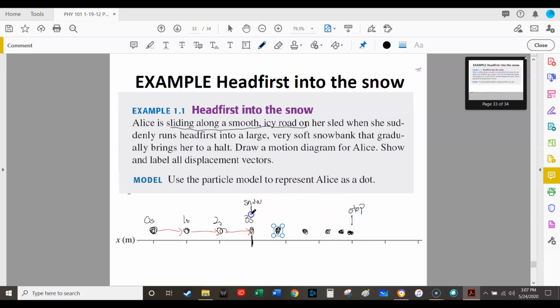From here to here is constant velocity. Then she hits the snowbank, and she starts slowing down, which means her displacement vector is going to be coming to a stop.